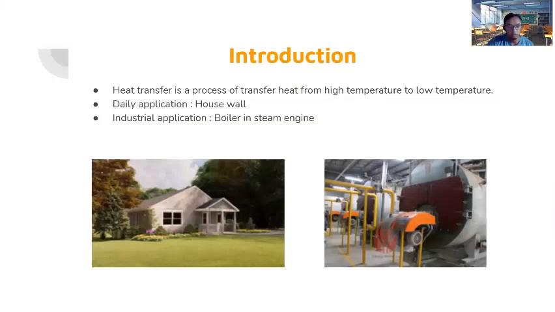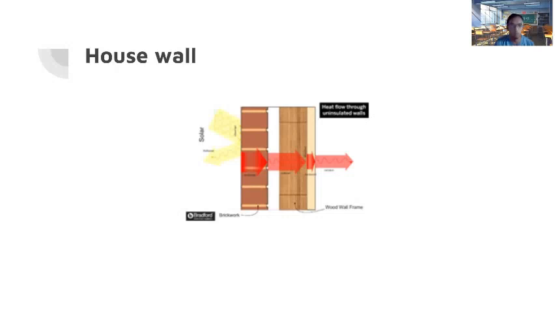For the housework, the heat transfer involved in the house wall is radiation and also conduction. The radiation happens when the sunlight comes into contact with the outer surface of the wall, and then the outer surface will be heated up.